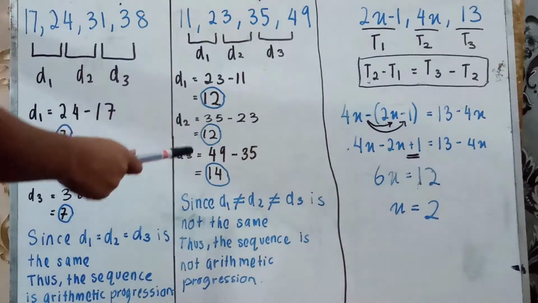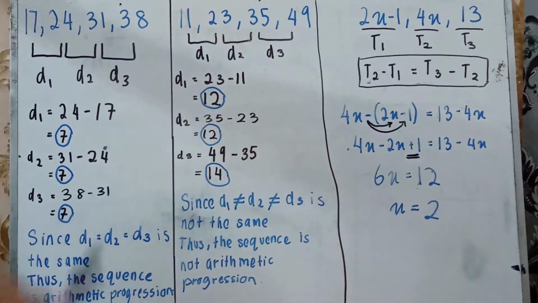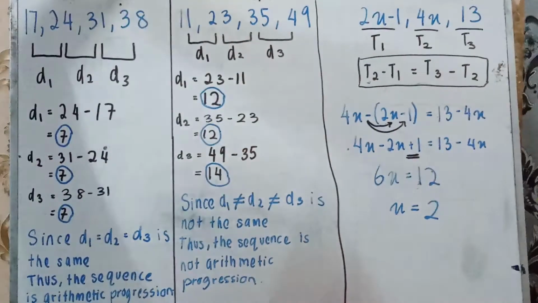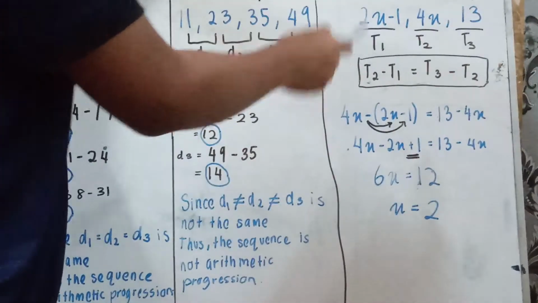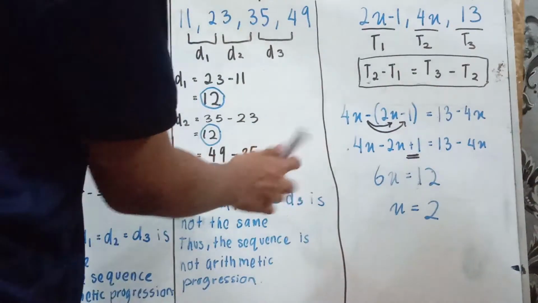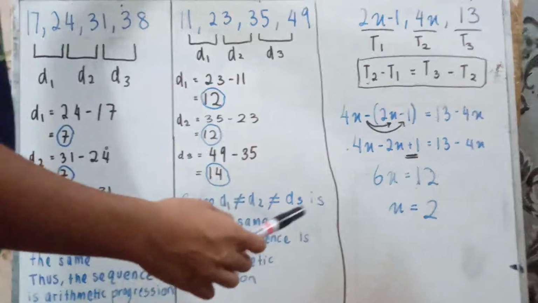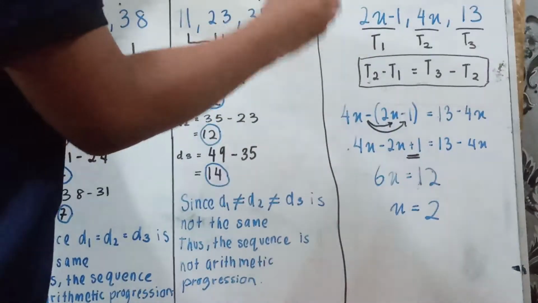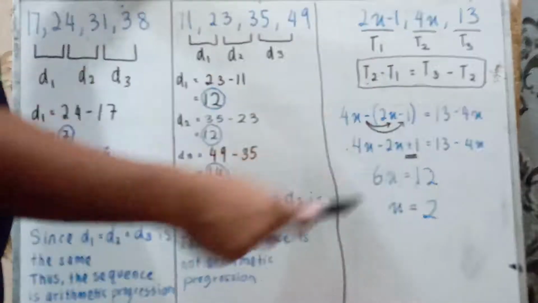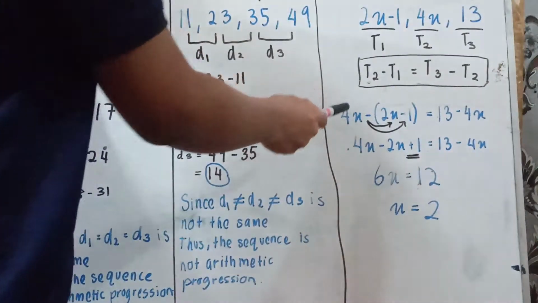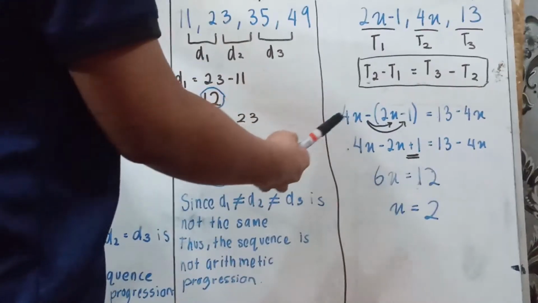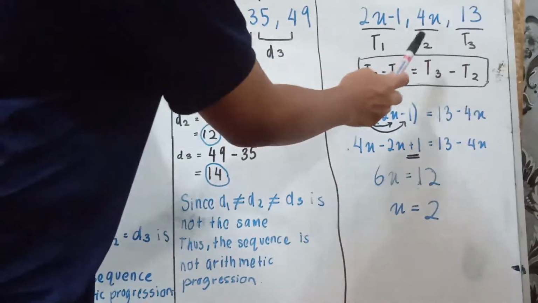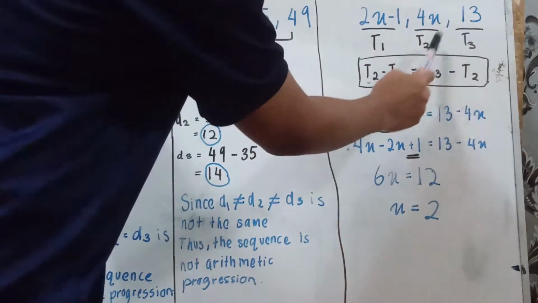Same goes for the second question. The third question is quite tricky. The question asks us to find the value of x. As I just told you, d equals T2 minus T1 equals T3 minus T2. You need to use this concept in this question: T2 minus T1, T3 minus T2.